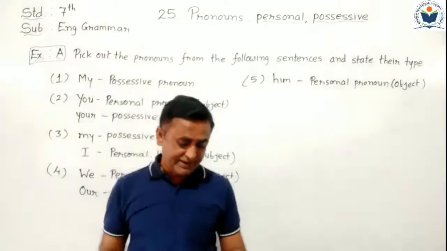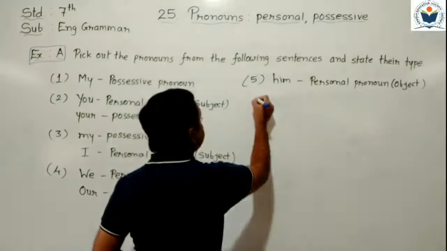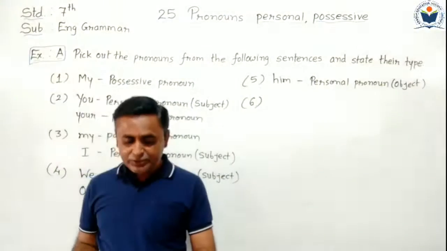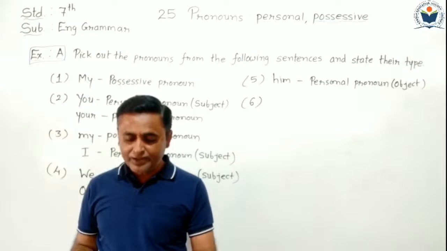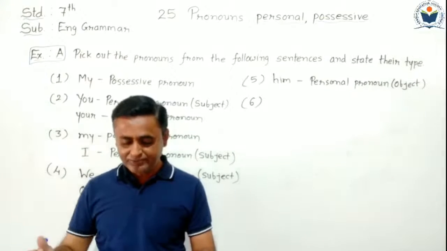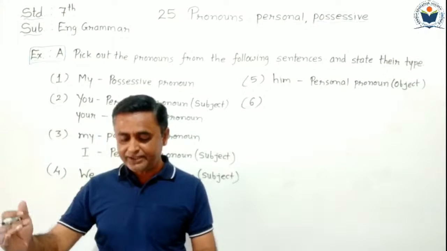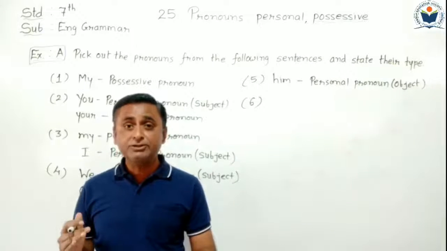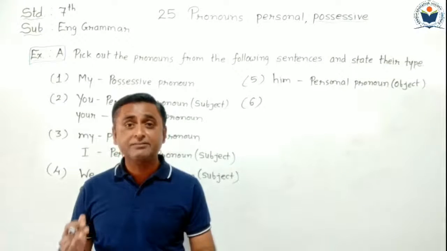Now, sentence number 6. He spent his youth in clubs and his old age on the streets. So here, which type of pronouns is used? Can you identify from sentence number 6?